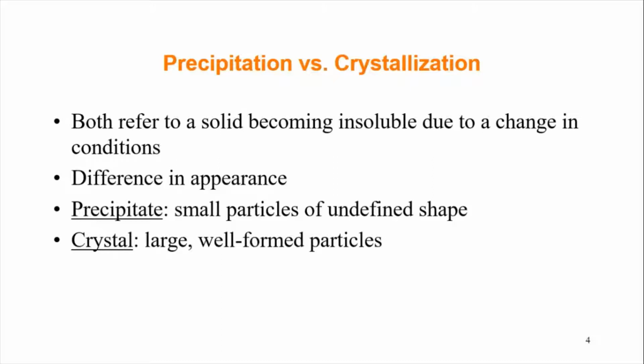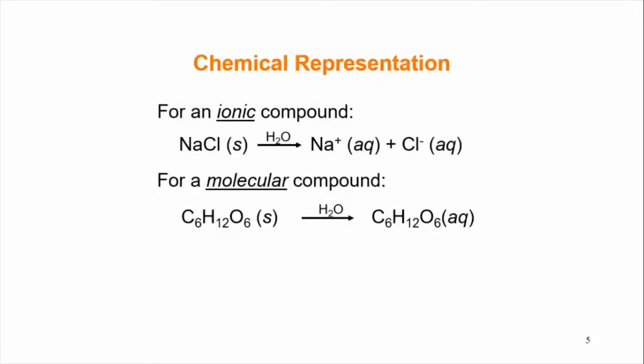Another thing that we learned in looking at solutions is, what happens when you form a solution, how do you represent it chemically? Well, the chemical representation might be different depending on whether the solute is an ionic or a molecular compound. Remember that ionic compounds, when dissolved, let's say in water, they dissociate, right? The ions separate.